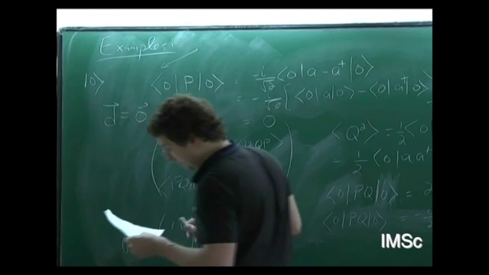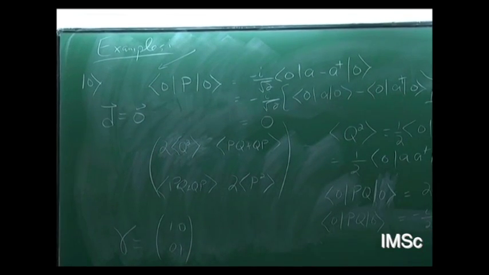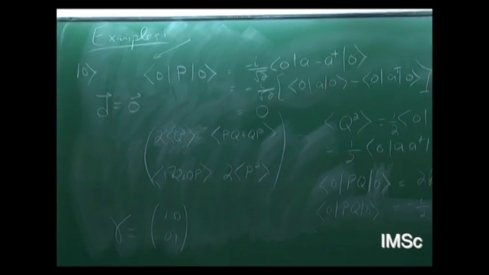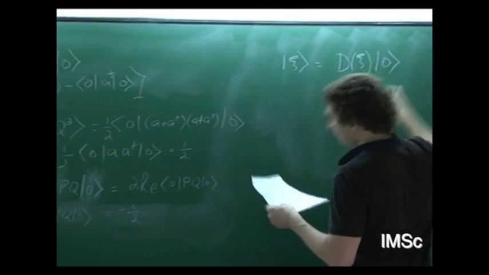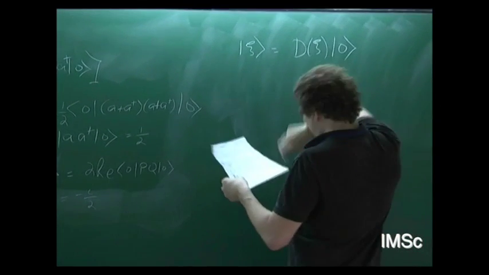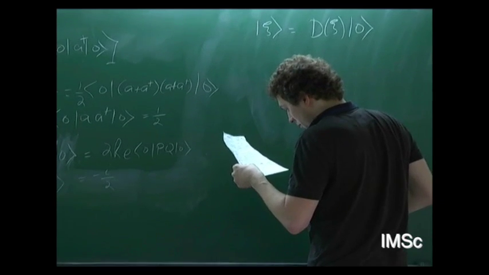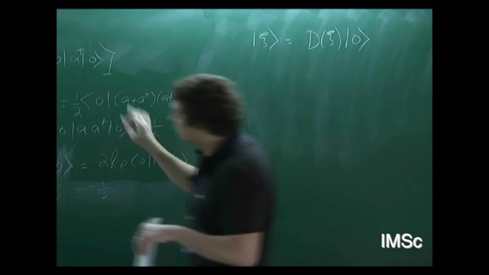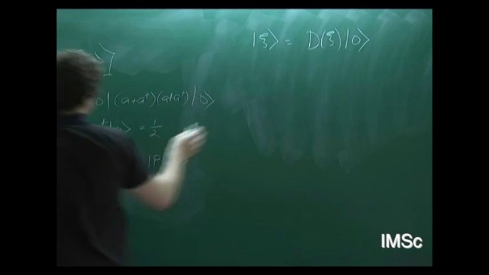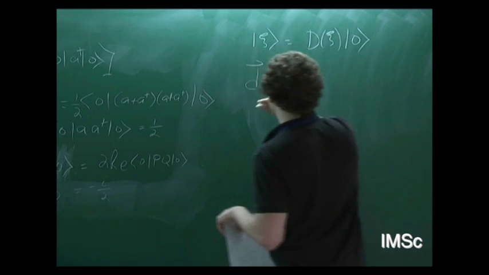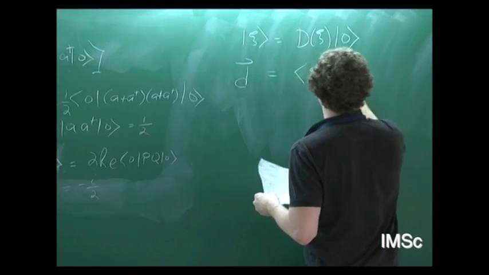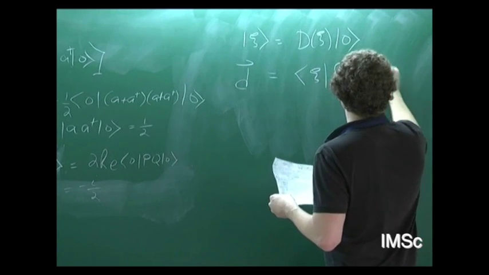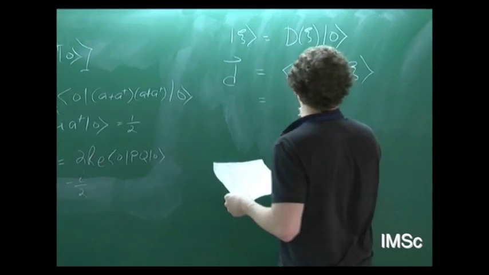There's another interesting example that I'll just throw over here, which is a coherent state. You just take these displacement operators and apply them to the vacuum. Let's ask what this displacement vector is. In this case, it's going to be the expectation of these r's with respect to this state.